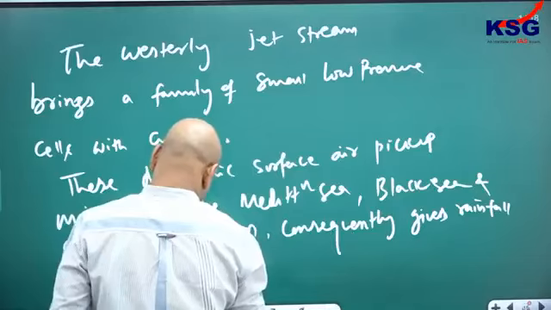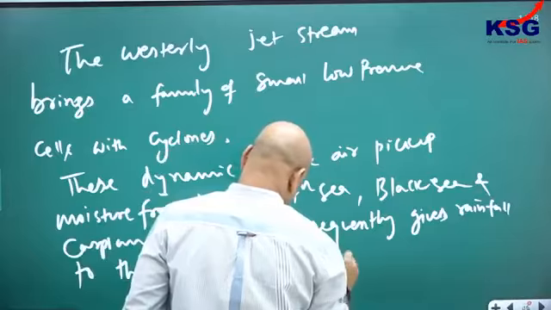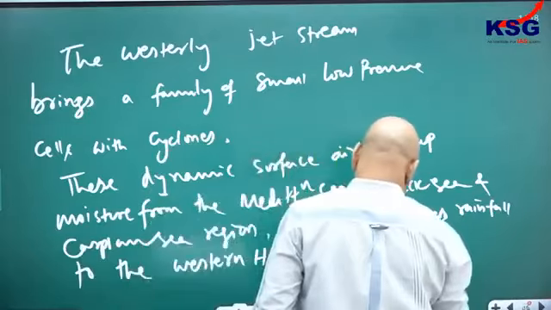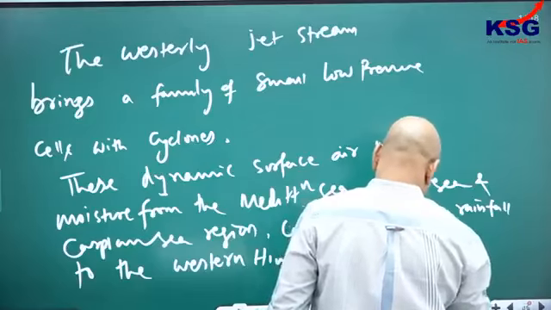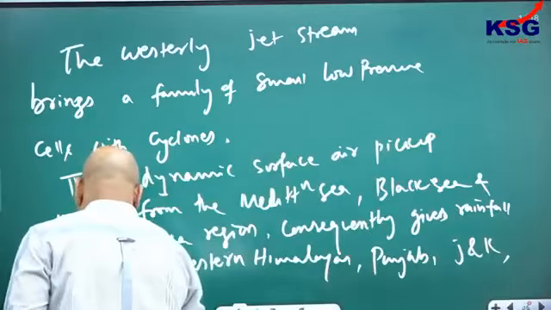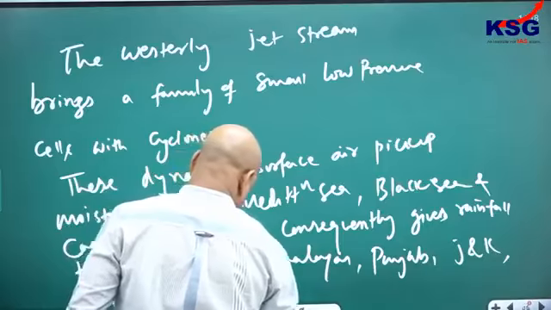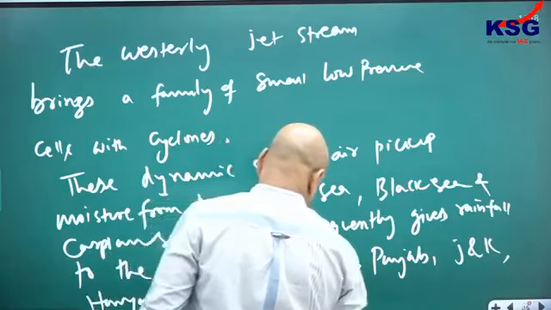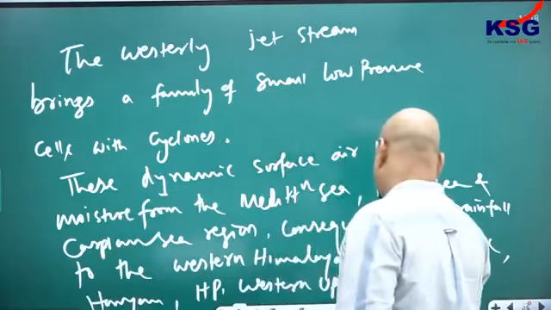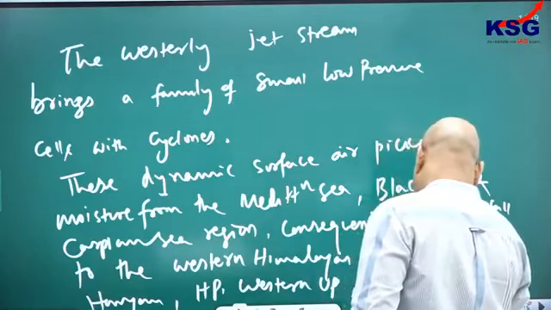Consequently, it gives rainfall to the Western Himalayas, Punjab, Jammu and Kashmir, Haryana, Himachal Pradesh, Western UP, Delhi, and Rajasthan.